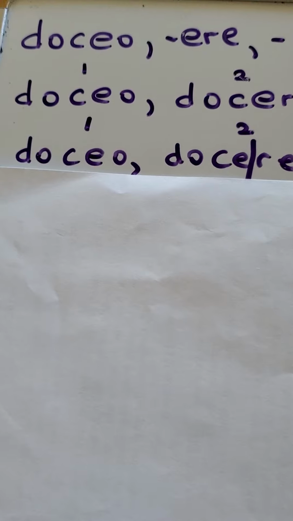So we're going to trim down what we need to memorize or use for right now, and we're going to only work with the first and second principal parts. This is the infinitive, the "to" form, and this means to teach. And to conjugate verbs in the present tense, first conjugation and second conjugation verbs, this is a second conjugation with the -ere, it's really simple. You whack off that -re, and that forms the stem.